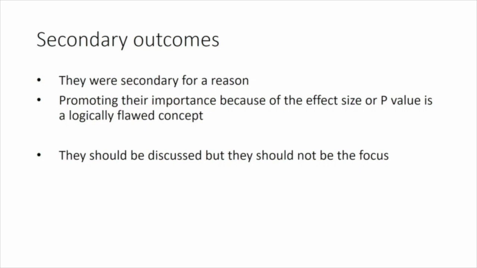So if in the paper they define the primary outcome or the primary aim, but then in the discussion they spend ages and ages saying, well, in the primary outcome they didn't find what they liked and there was no effect, but they then emphasise the secondary outcome, then that's not really logical, because they decided a priori that the primary outcome was the most important. So therefore that's what they should be discussing in the discussion.